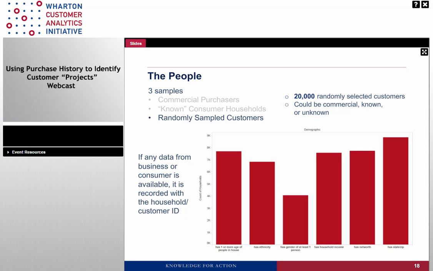So you'll see here we have a distribution of demographics, and we can see that there are just slightly less than 7,000 customers that have an ethnicity from this randomly selected group.